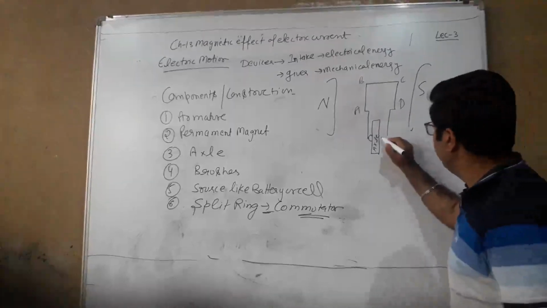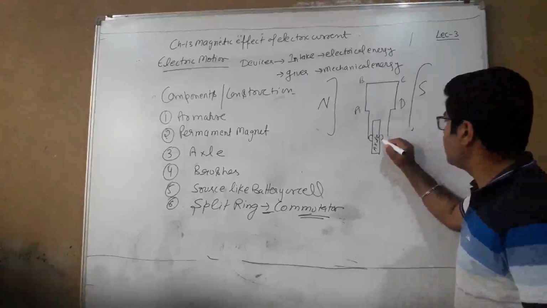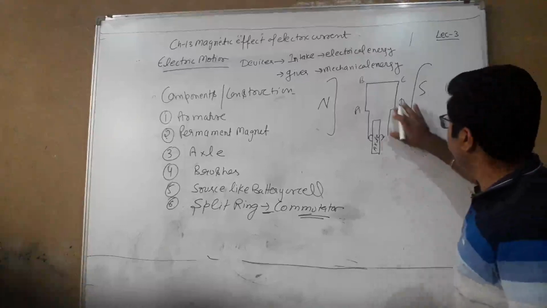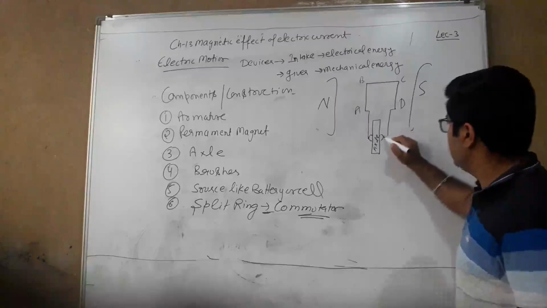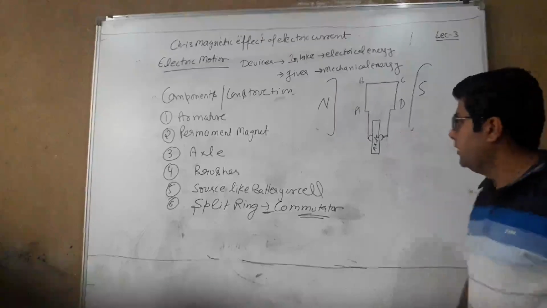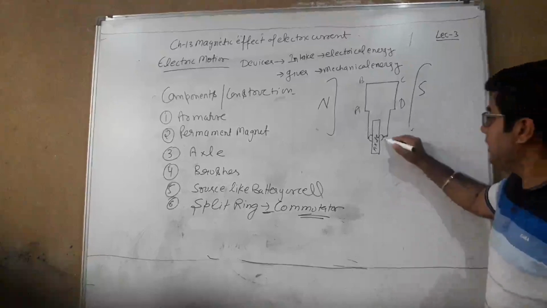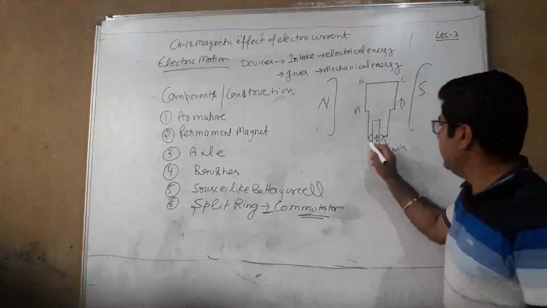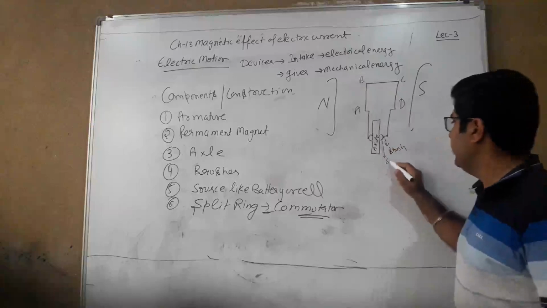Similarly over here we have a split ring, and this split ring is connected with the brush. It has become a little bigger here, no problem, okay. Here this is our brush, and this is our split ring.